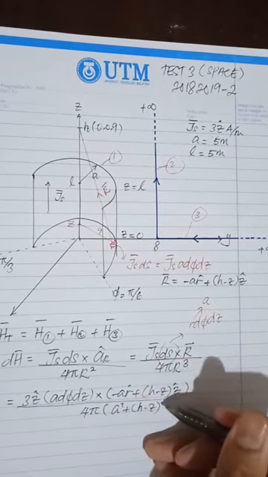Okay, so that's the substitution for the R vector as well as the Hs and the dS.